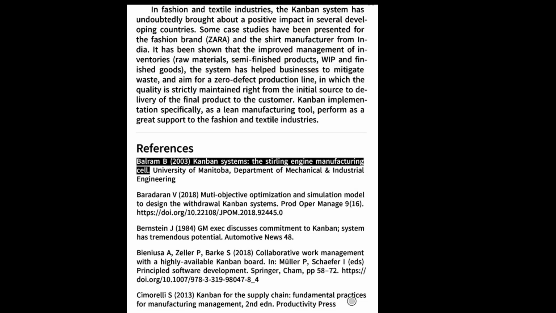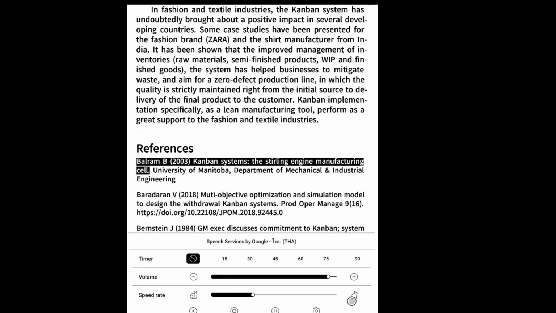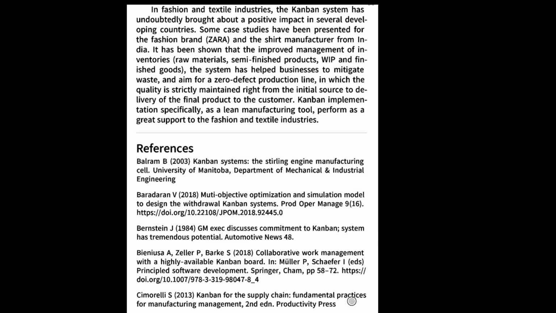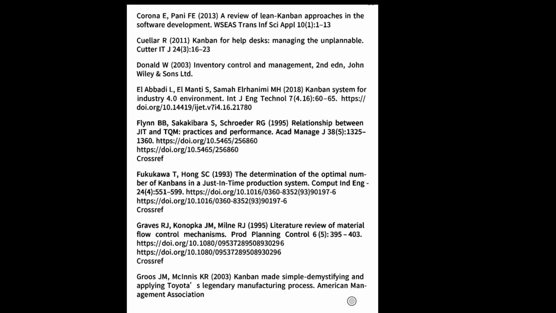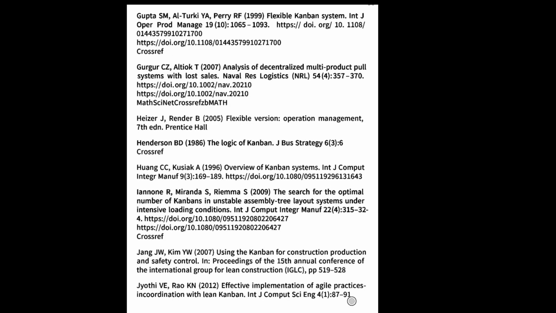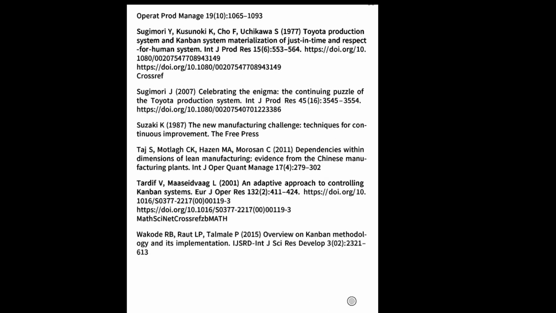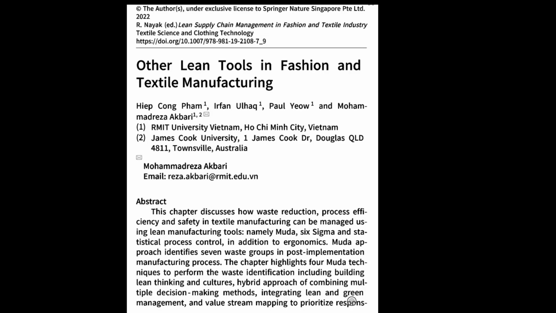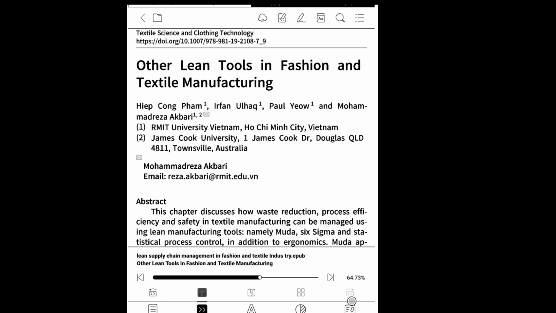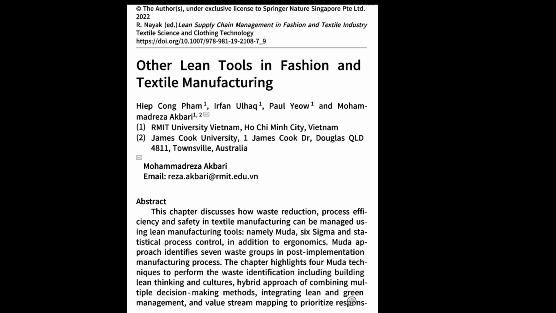Reference: Rambi 2003, Kanban System. Under Exclusive License to Springer Nature Singapore Ltd. 2022.